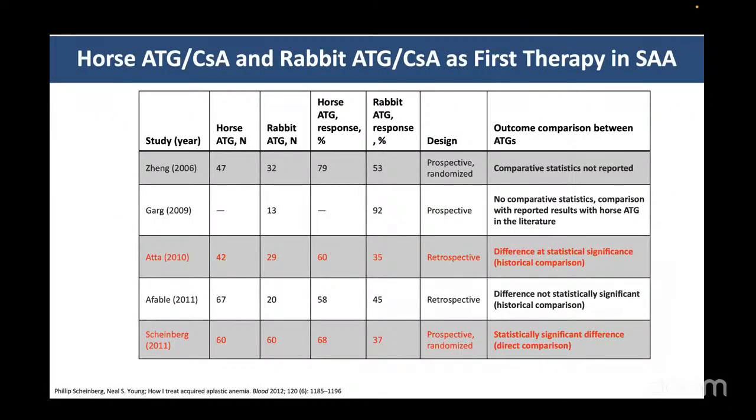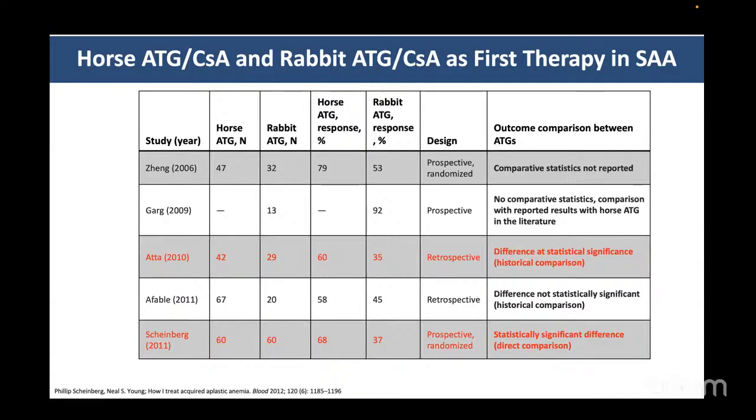Horse ATG, cyclosporin, and rabbit ATG cyclosporin as first line therapy in severe aplastic anemia patients. There have been certain studies conducted over a period of time with the usage of horse ATG and rabbit ATG, and we can see phenomenal differences between the responses obtained via horse ATG and via rabbit ATG.